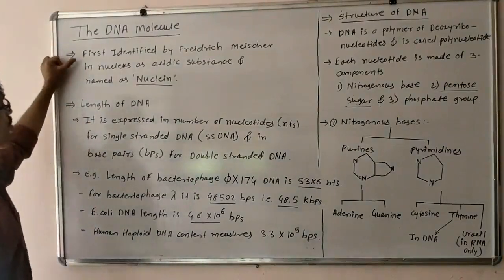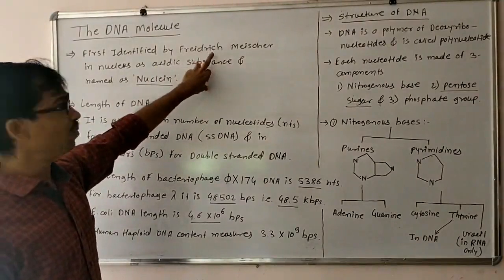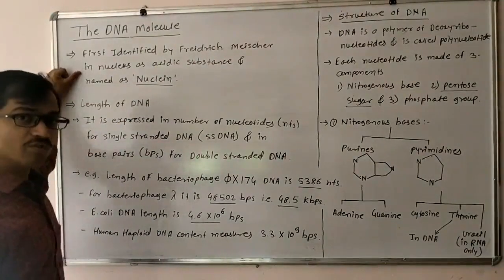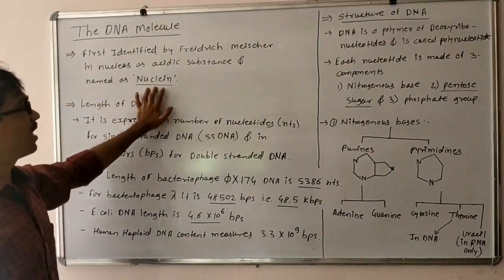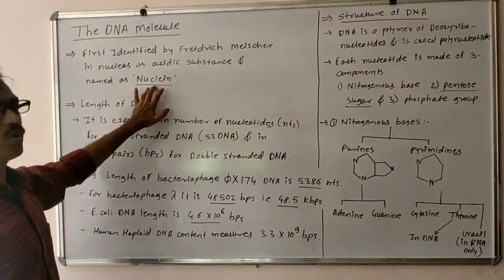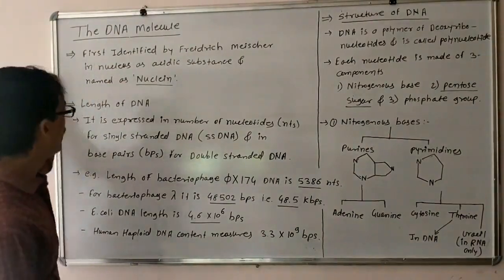Now DNA was first identified as an acidic substance by Friedrich Miescher in the nucleus of eukaryotic cells, and he named that substance, the acidic substance in the nucleus, as nuclein, as it was found in the nucleus of the eukaryotic cells.